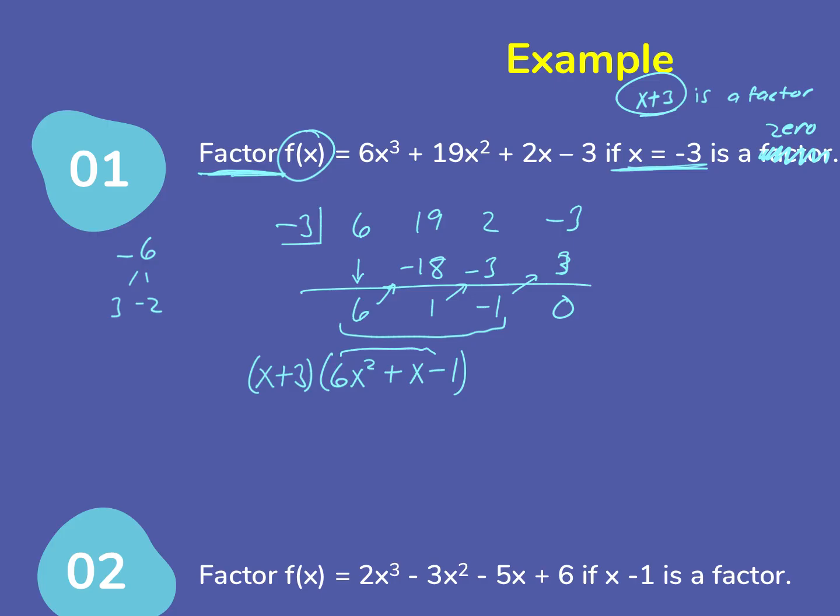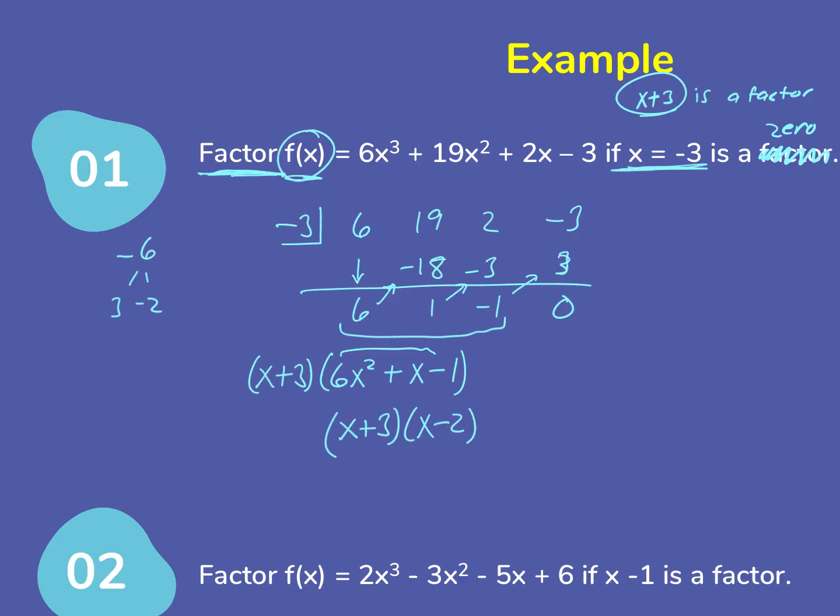So we're going to keep factoring to get this polynomial in fully factored form. This is going to become an x plus 3 and an x minus 2.